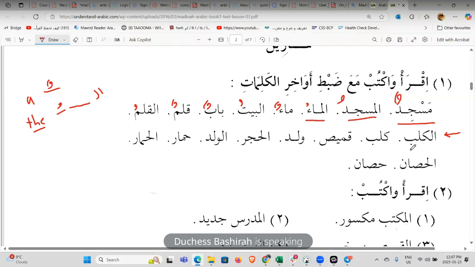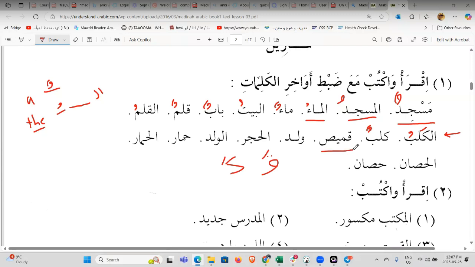Al-Kalbu. The difference between this and paw, this is paw, this is ke. Okay. Al-Kalbu. Next one. Kalbun. Very good. Next one.